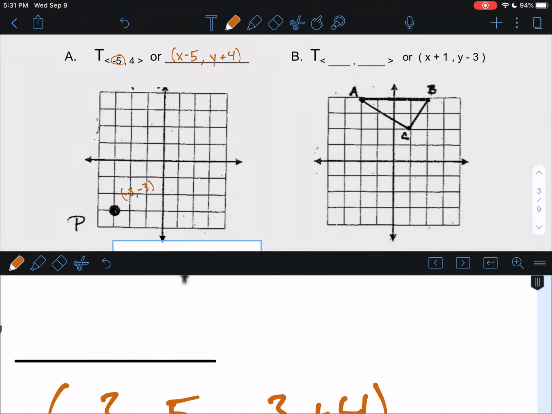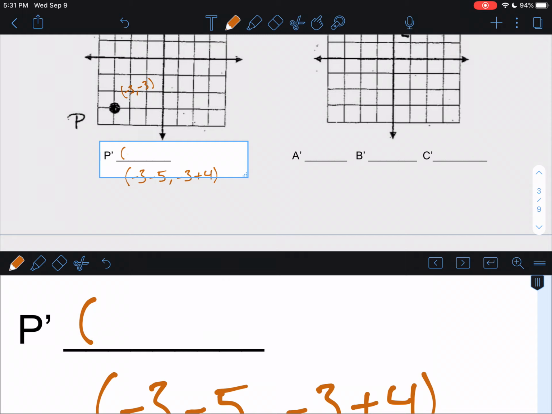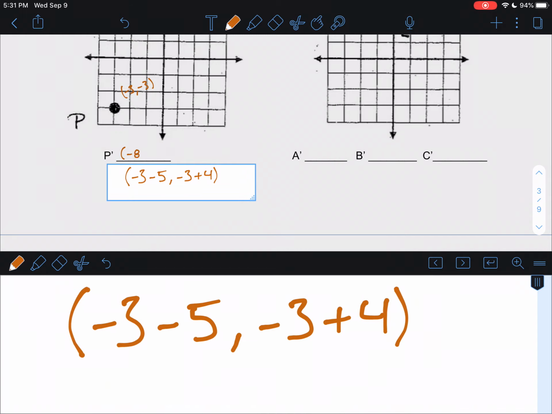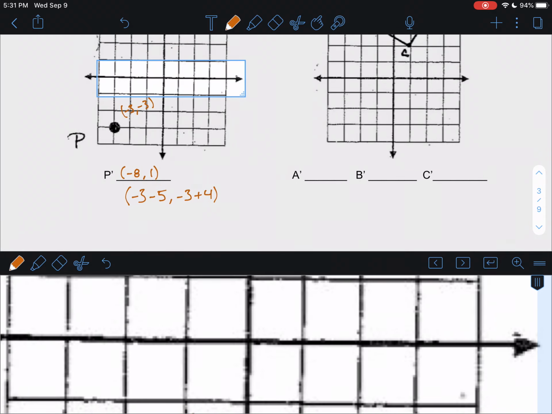When I solve that, -3 minus 5 is -8, and -3 plus 4 is 1. So the new location of the point after it's been transformed is -8, 1. And that's where P prime would be. Unfortunately, it's not on this coordinate plane at all. I don't know why they made it that way, but they did.